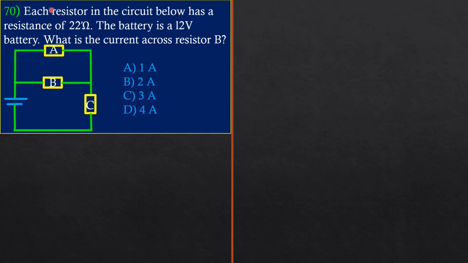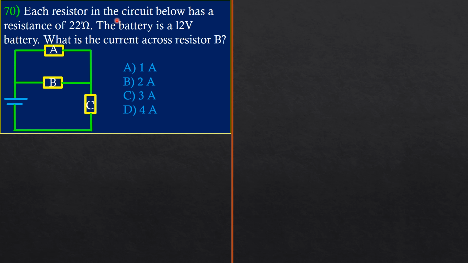It reads that each resistor in the circuit below has a resistance of 22 ohms. The battery is a 12 volt battery. What is the current across the resistor B? Guys, this is a question based on current electricity. Let's start by getting the combined resistance of this entire network.